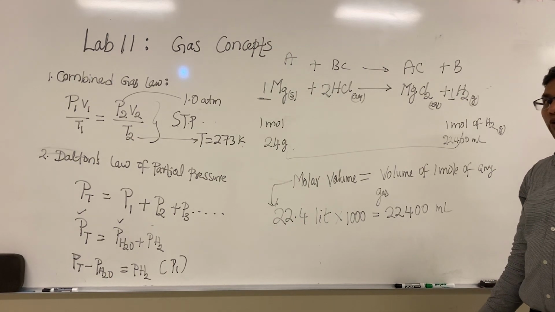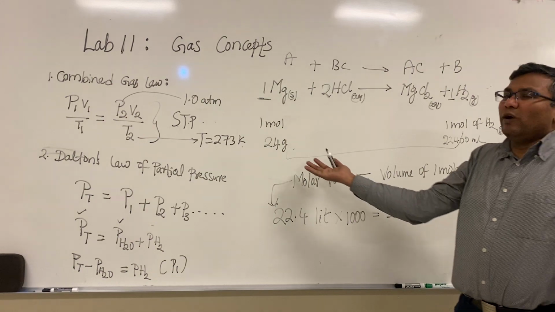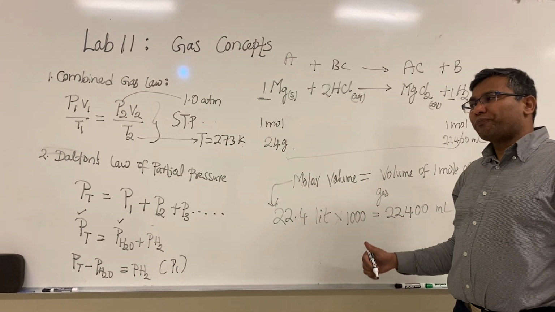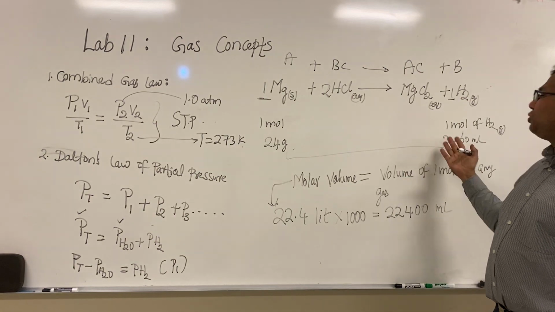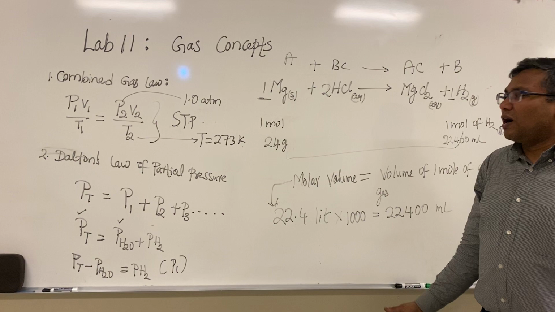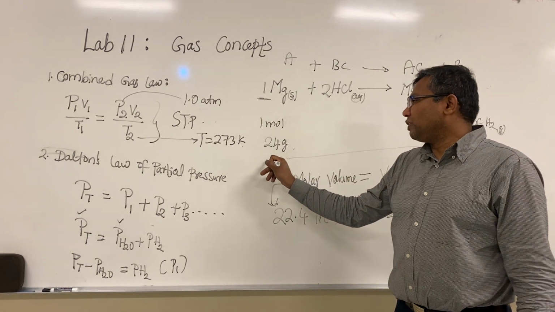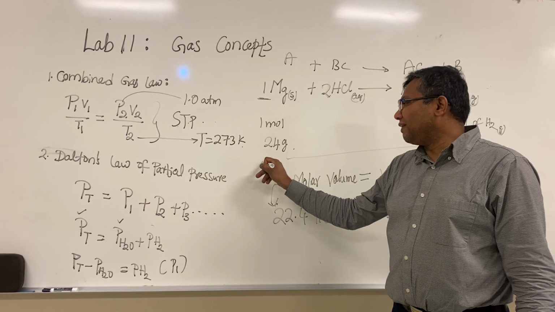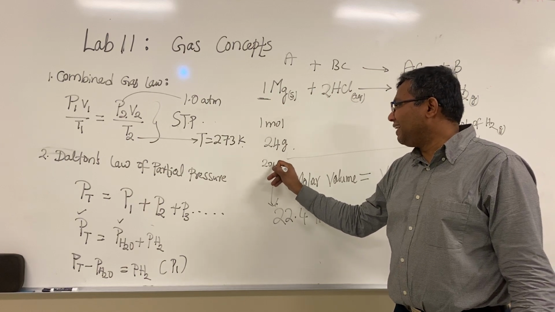Today I'm not going to use 24 grams of magnesium. It's a large amount, and I cannot contain 22,400 mL of hydrogen gas. So I'm going to take only 20 milligrams.